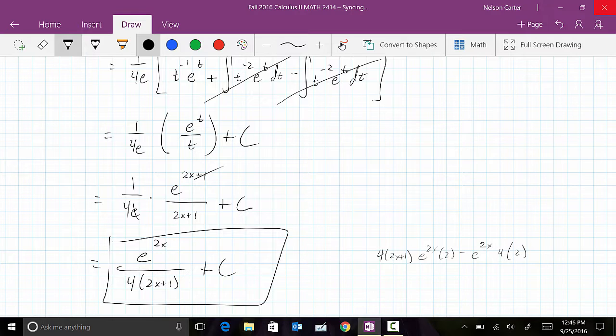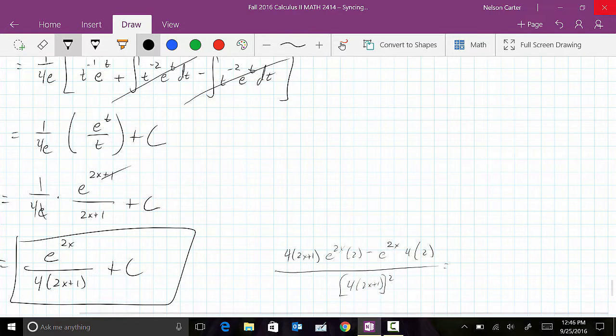So bottom times the derivative of the top minus the top times the derivative of the bottom, all over the bottom squared.